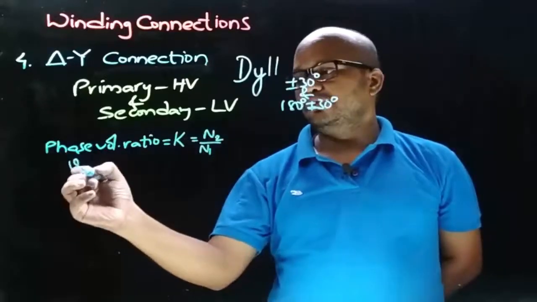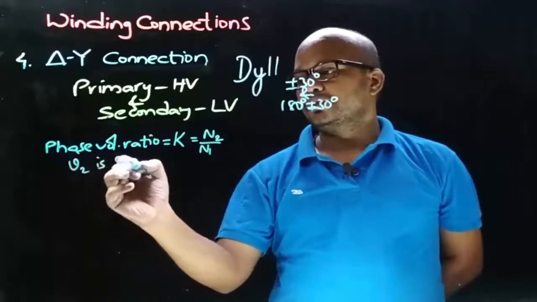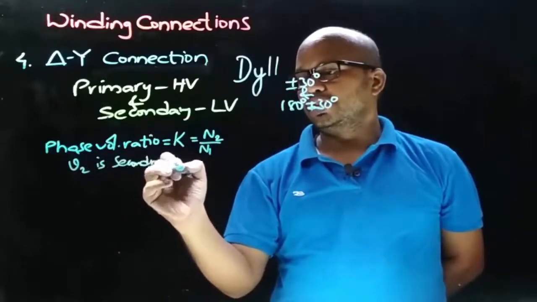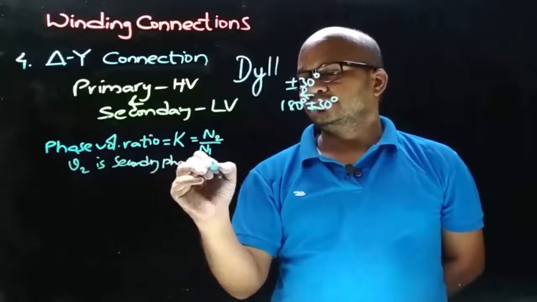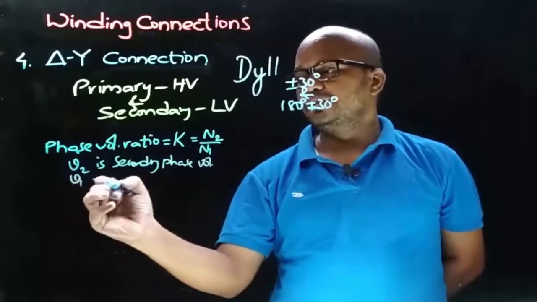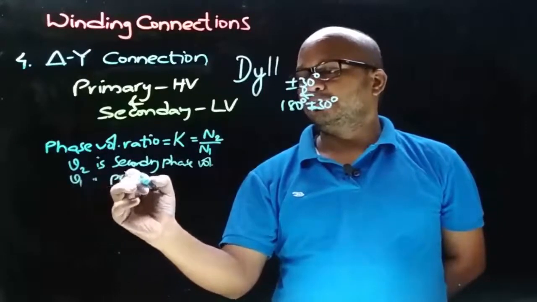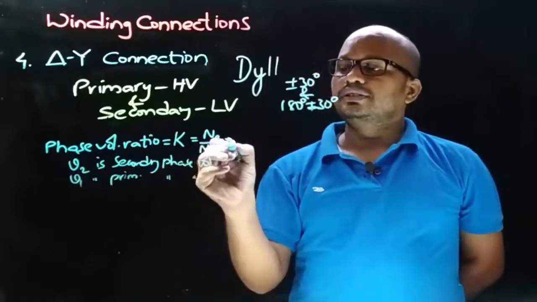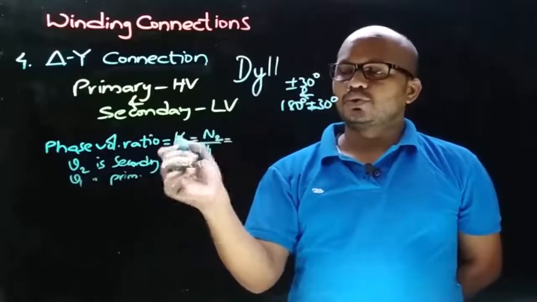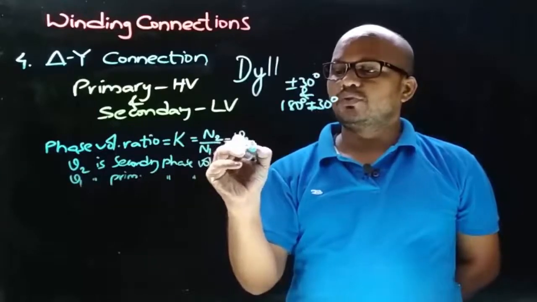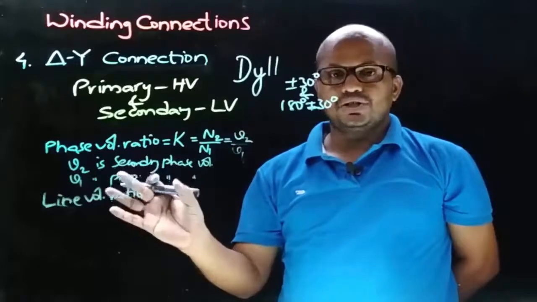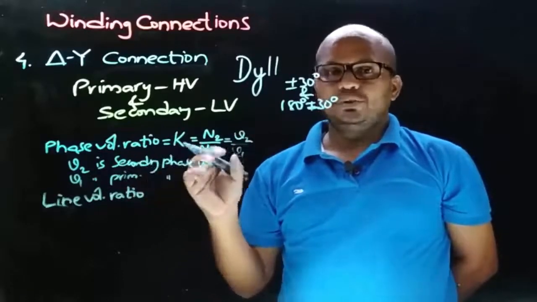So if small v2 is the secondary side phase voltage and small v1 is the primary side phase voltage, then the transformation ratio constant K is equal to small v2 by small v1. Now let's find out the line voltage ratio, which may or may not be equal to K.